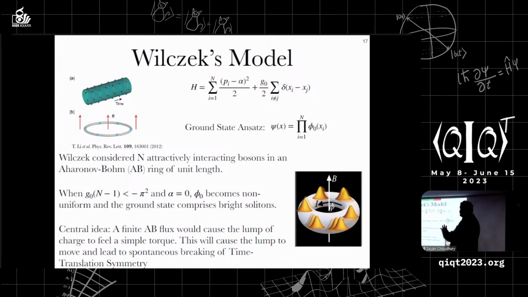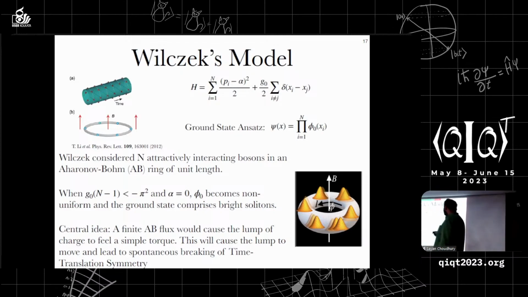So what Wilczek had come up with is the following. The essential idea was this: you have attractively interacting bosons in an Aharonov-Bohm ring of unit length. Okay. Now, let's say that your interactions are strong enough, then these bosons will clump together, thereby resulting in what is known as a bright soliton. Okay.